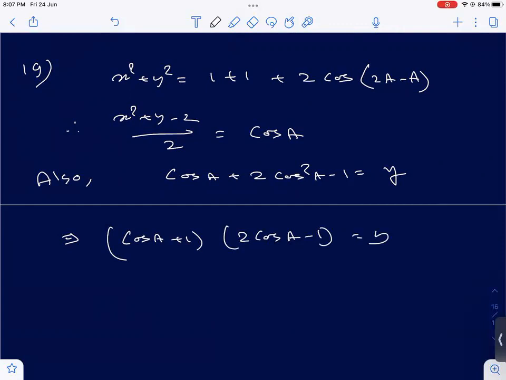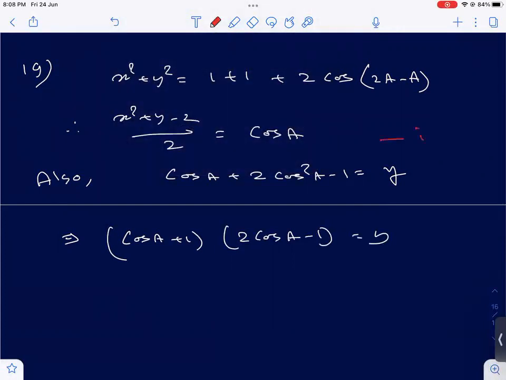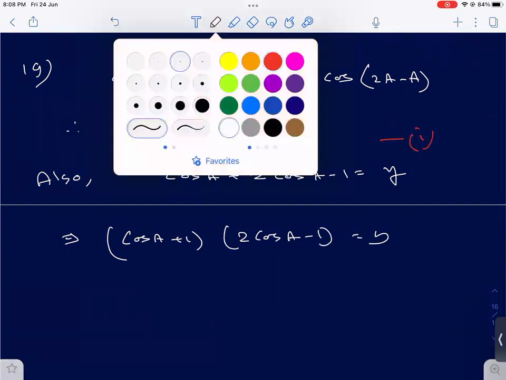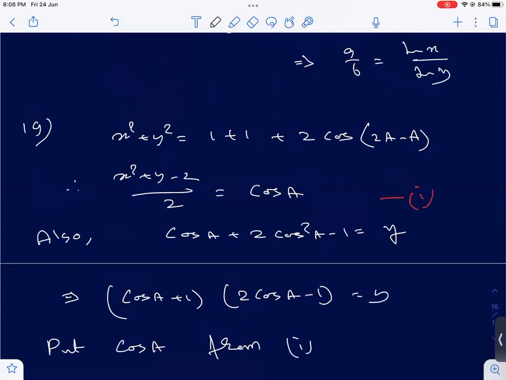So if I write this as number 1, put cos A from 1. You must get the result. I am not doing in detail. You must match with the answer. Answer is coming to A.